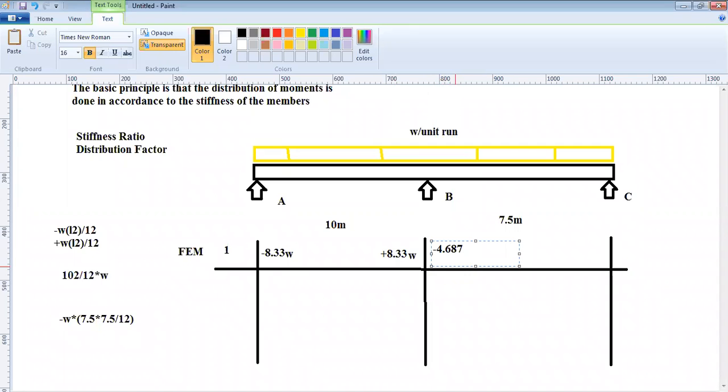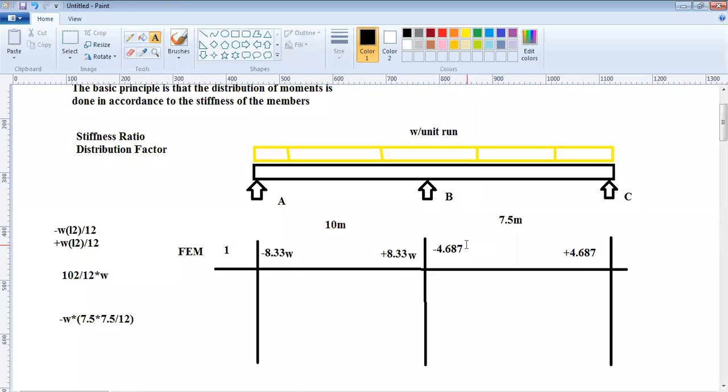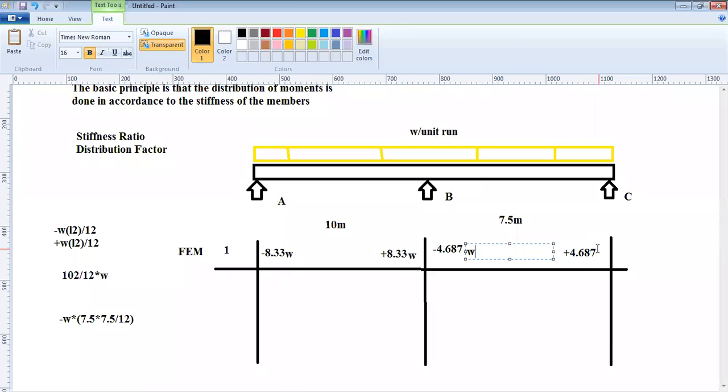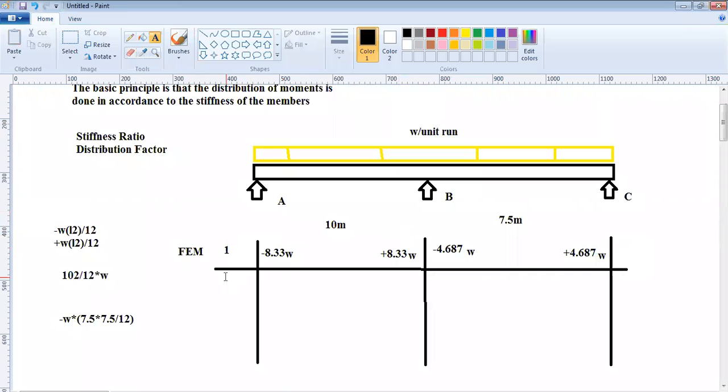Is he right? Anybody else doing the calculations? 4.6875, yes sir. So again, this will be into W. So now these are the fixed end moments.